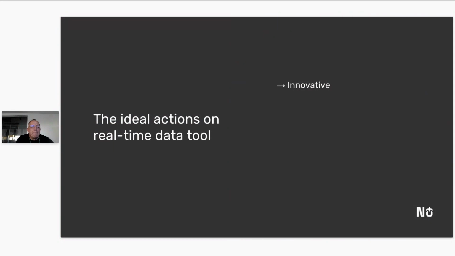So let's think about what could be the path forward, right, from this trap, from this situation in which we are today. Let's ideate what would be the features of the ideal tool for actions on real-time data. The first, even if it sounds naive, I would say it has to be innovative, right? Innovative in the sense that it has to be somehow different from what we've seen on the market up to now, right?